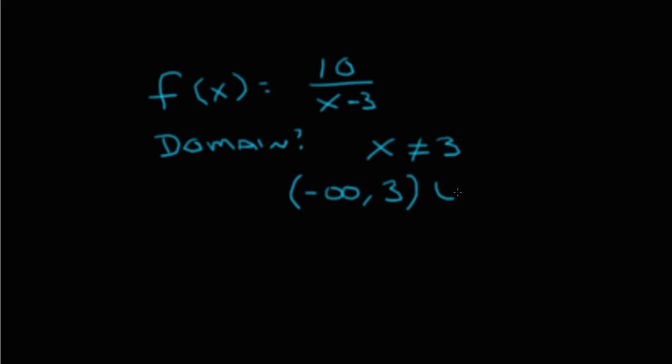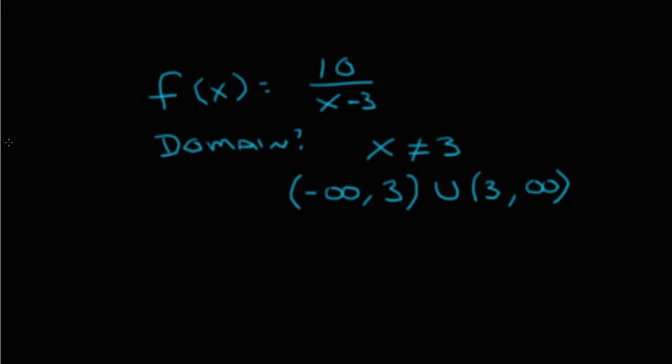And the union, it can be anything from 3, but not including 3, to infinity. So that's your domain. x can be any number from negative infinity to 3, or from 3 to infinity. That's the same thing as saying x can't be 3, but this is the more complete answer when you're being asked what the domain of a function is.